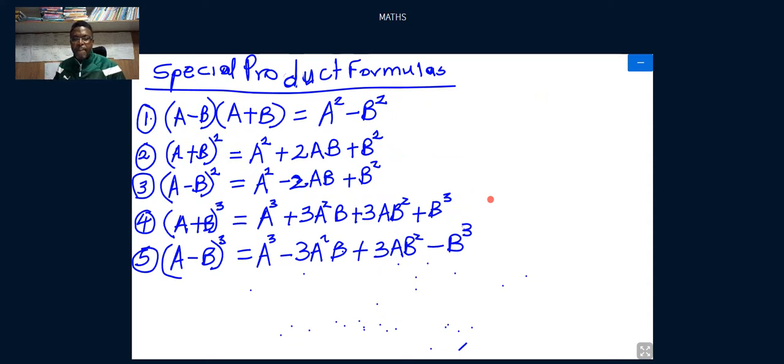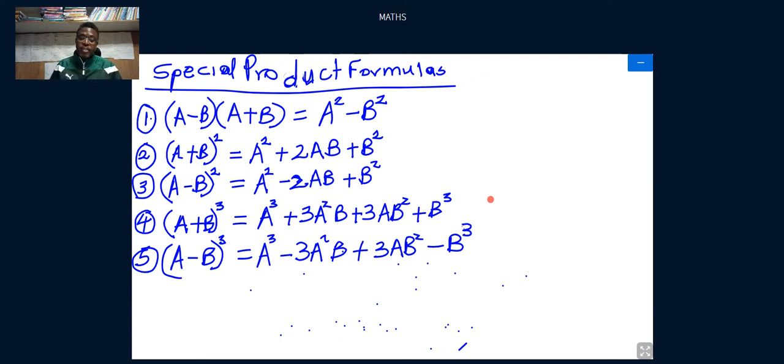Alright. We are now talking about special product formulas. When we multiply the difference of A and B with the sum of A and B, apply the FOIL method.